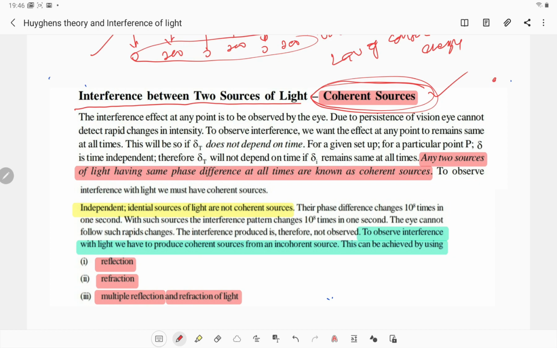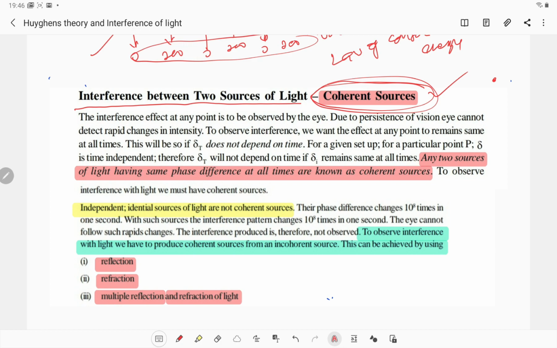The eye can recognize changes only up to a certain limit, due to persistence of vision. Otherwise, if the intensity or energy changes rapidly, we cannot recognize it. Therefore, coherent sources emit waves of the same frequency and constant phase difference, or phase difference of 0. Any two sources of light having the same phase difference at all times are known as coherent sources.